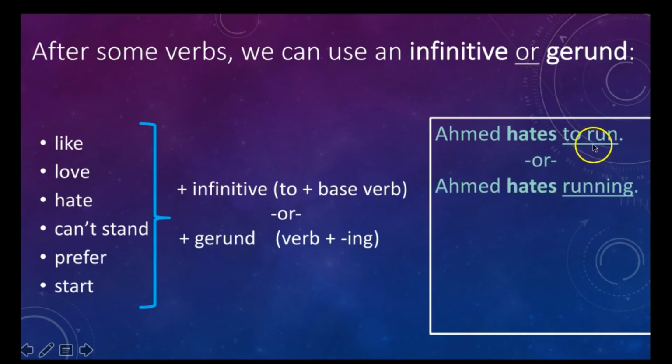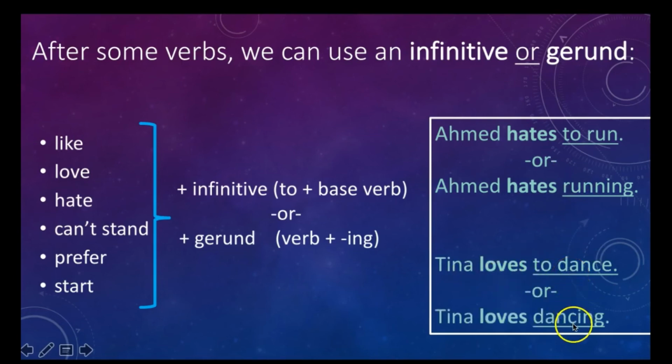We can use an infinitive after the verb hate, or we can use a gerund after the verb hate, and the meaning is the same. Tina loves to dance, or Tina loves dancing. After the verb love, we can use the infinitive, or the gerund, dancing.